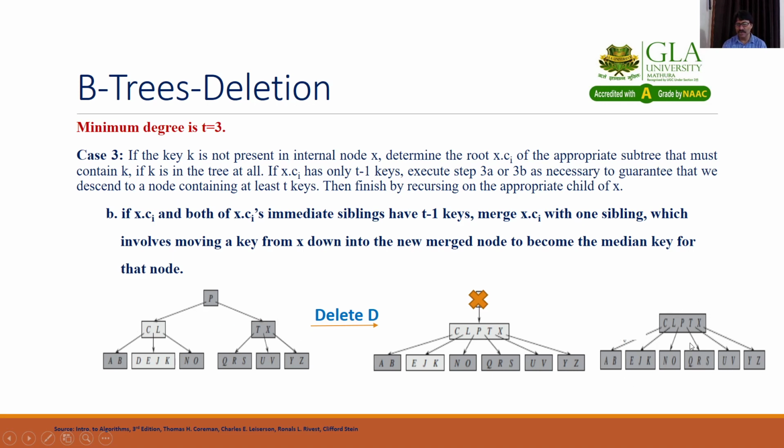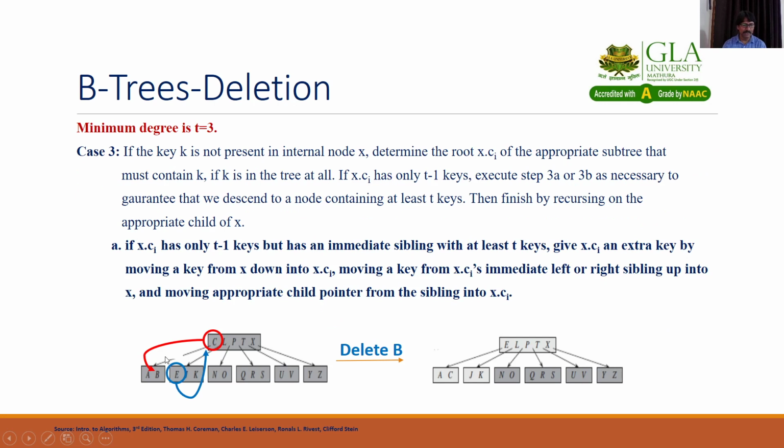So here we have merged already. Now we have to replace this B by one element from the root or its parent. So this C we will bring here, and then how will we fill this place of C? If the right sibling has T keys, we will take one successor of the C and place its value here.